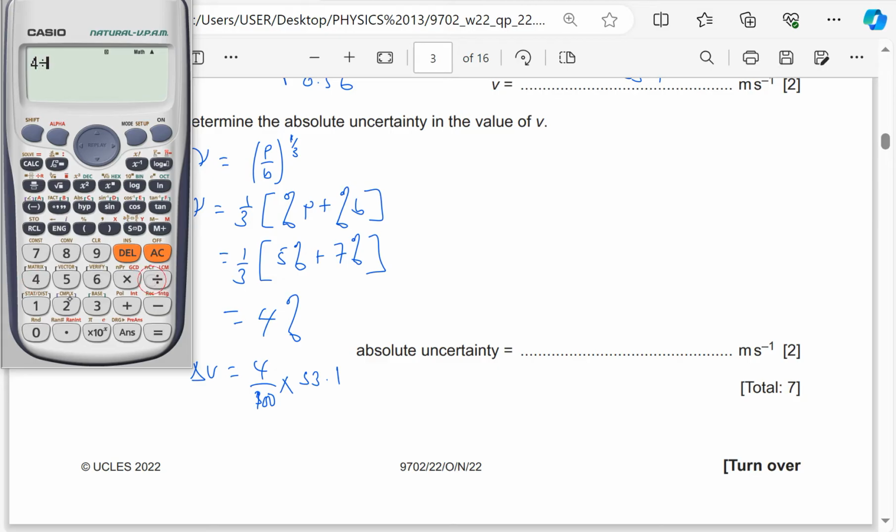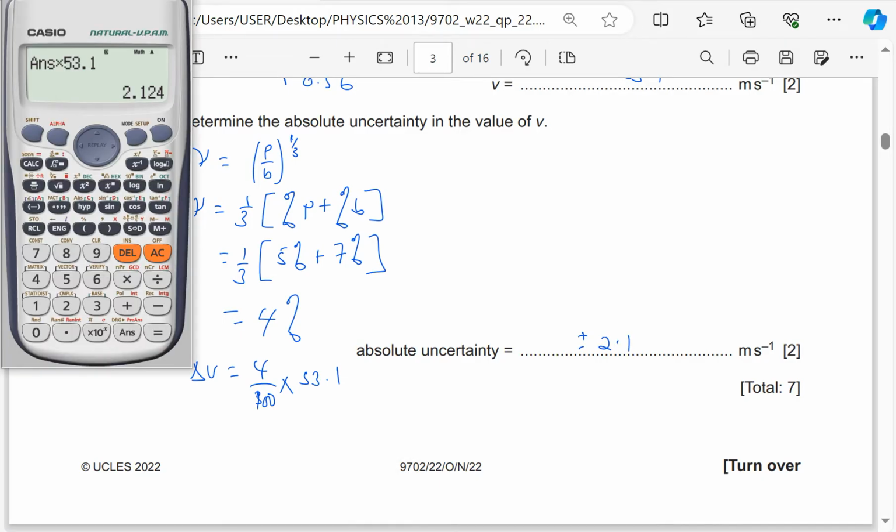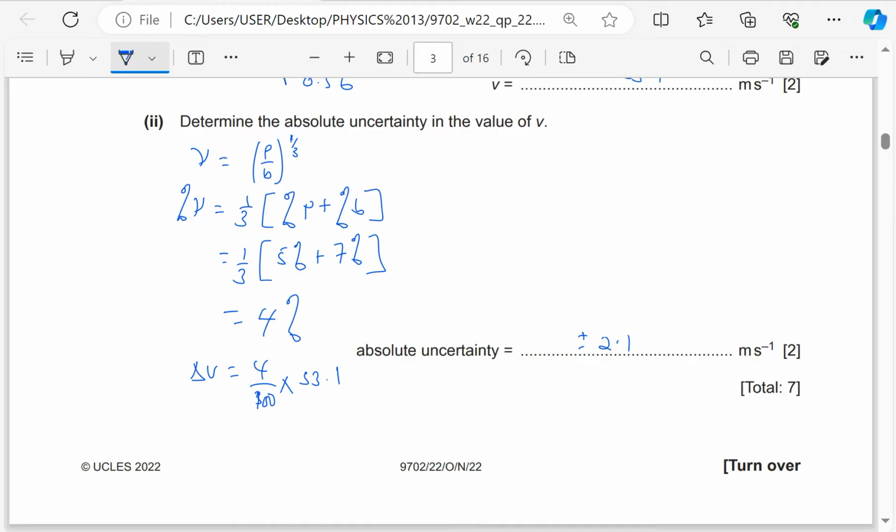So 4 divided by 100 times 53.1 gives you 2.1. So it's plus or minus 2.1. Okay, so that is going to be the absolute uncertainty.